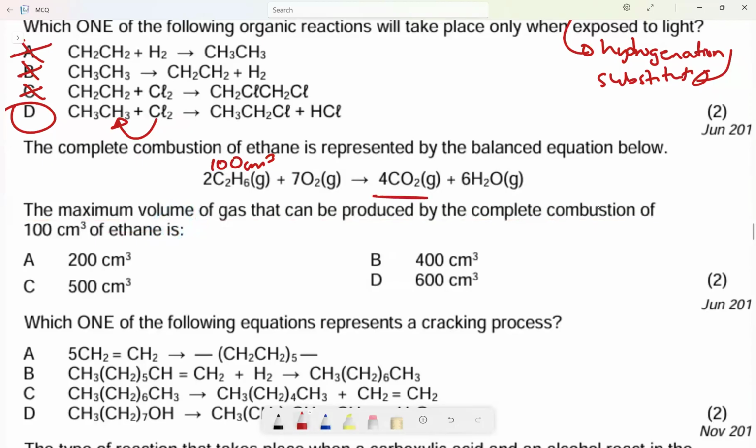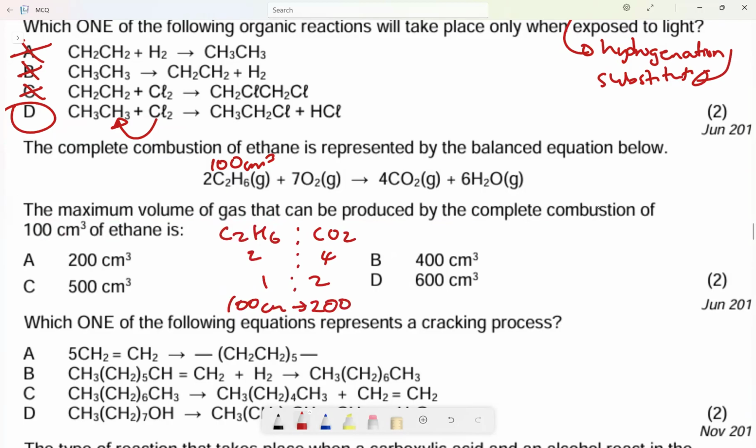Now let's see how much carbon dioxide can be formed. The ratio between C2H6 and CO2 is 2:4, which is the same as 1:2. So for every 100 of this one, I need to produce double of that.